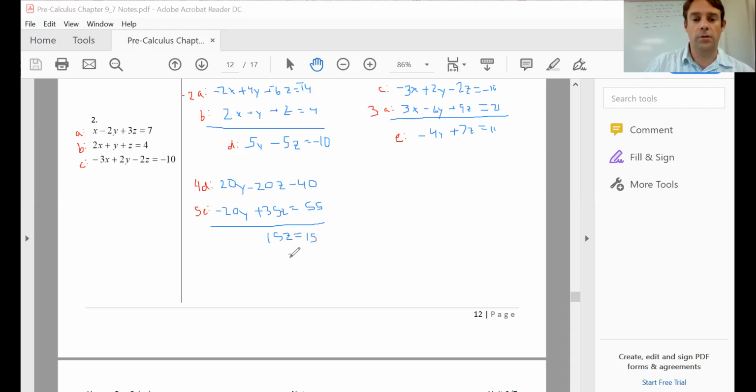So z is 1. So you got your z value. Now plug it back into either D or E, doesn't matter, and figure out your y value. I'll plug it back into my D. So 5y minus 5 times z equals negative 10.